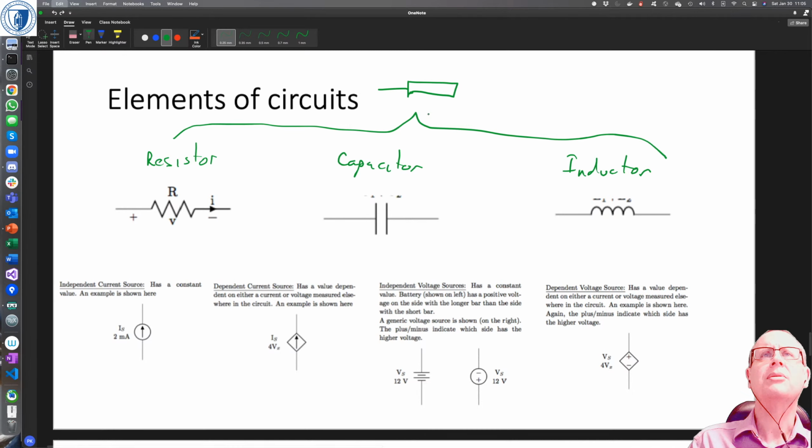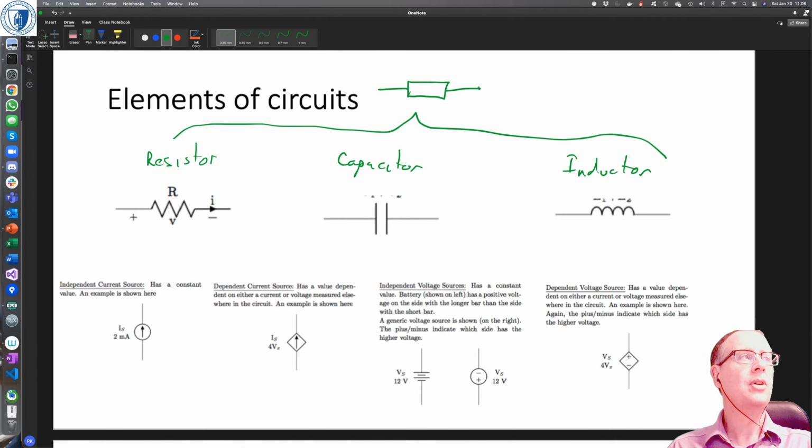Apologies, let me see if I can draw that a little more smoothly. Yeah, that's a bit better. Sometimes I draw all three of those as just a box with an appropriate annotation as to whether it's a resistor, a capacitor, or an inductor. It'll depend on the units.